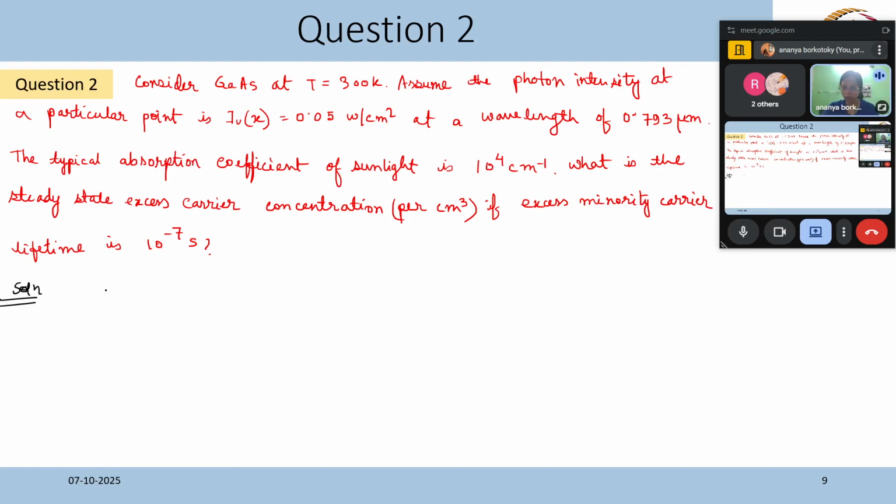So I is given to us, that is 0.05 watt per centimeter square. We know this I is like the number of photons per centimeter square per second, and we multiply with the energy of each photon. This we have already discussed. This is intensity. What is flux?